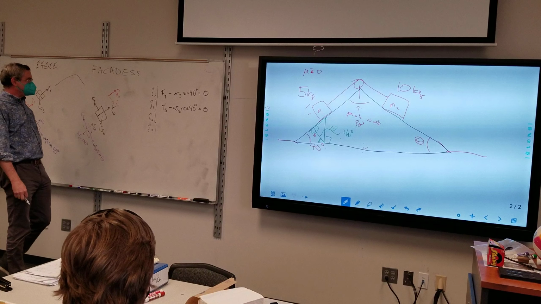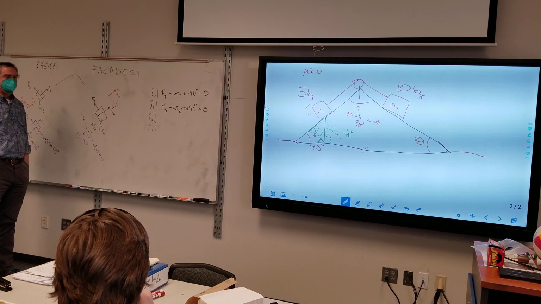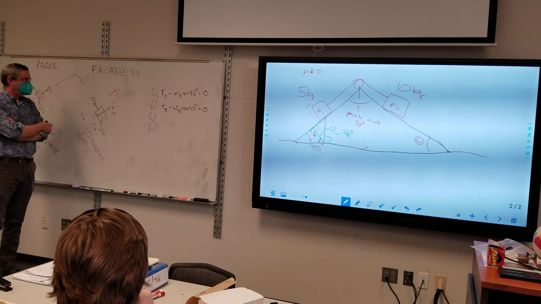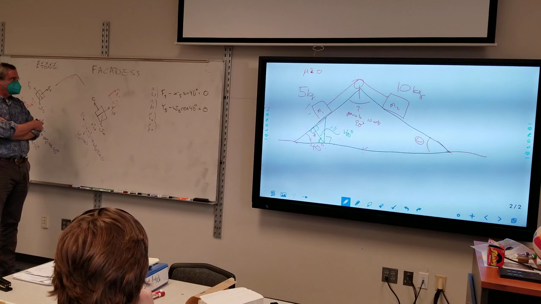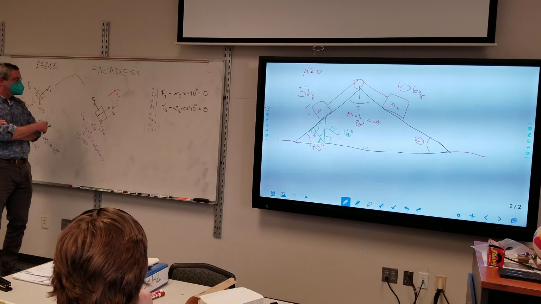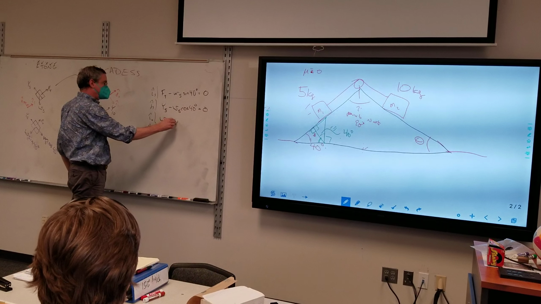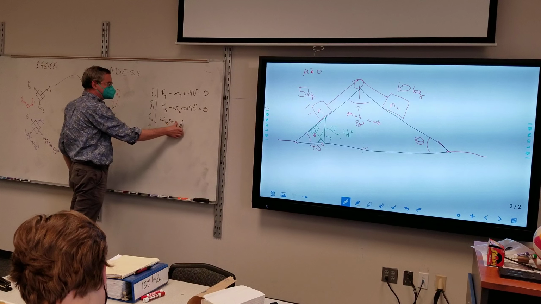All right, 2 more equations to go. For I10, I got weight 10 sine of 40 minus the force of tension equals 0. Weight 10 sine of theta.